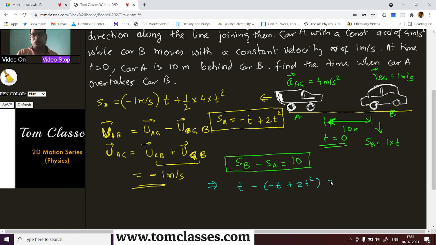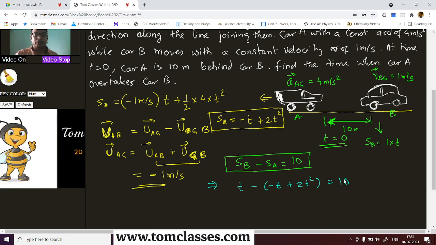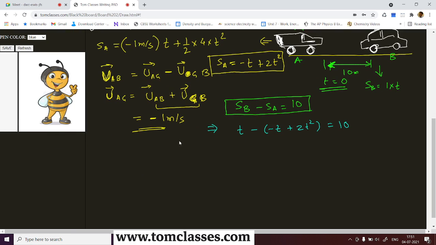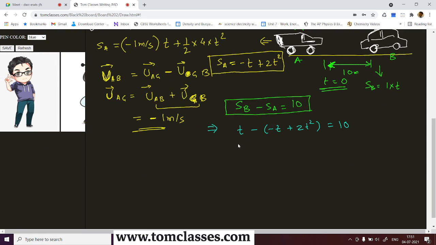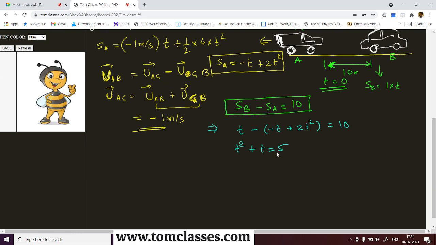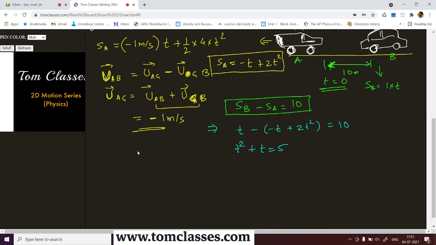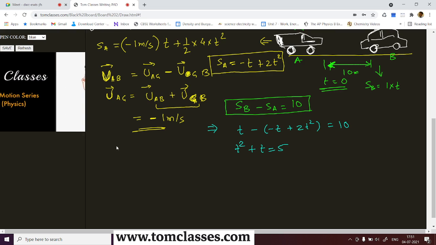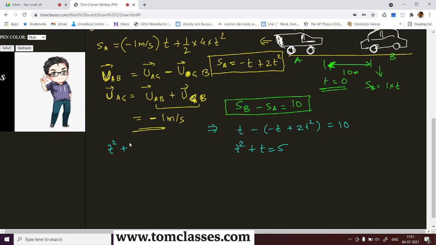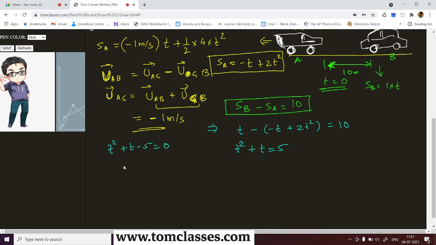So this will be equal to 10, right? So here I am going to get a quadratic equation, and this will be t square plus t equal to 5, right? So this is going to be t square plus t minus 5 equal to 0.